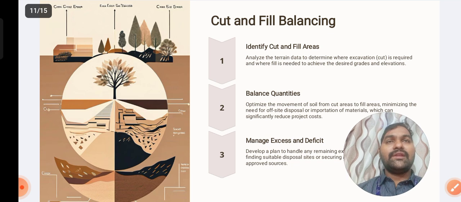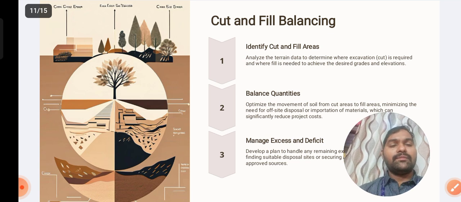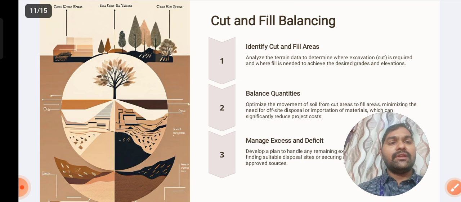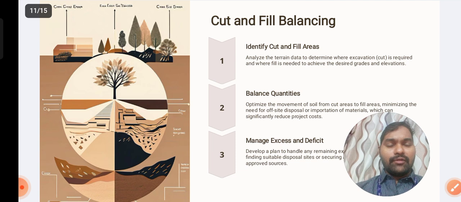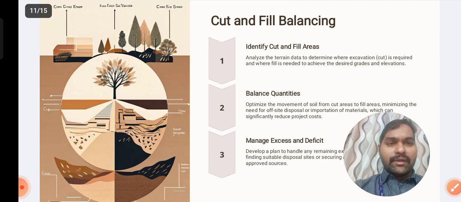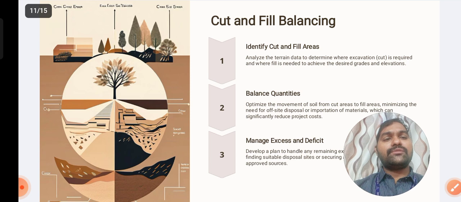So here there is a balancing thing. We are calculating cut, and simultaneously we are calculating the fill. If both quantities are equal, it means no need to go for a borrow pit. If it is not equal, we need to go for either a borrow pit or an embankment. If the filling value is more, then we need to go for a borrow pit and take the soil from there.